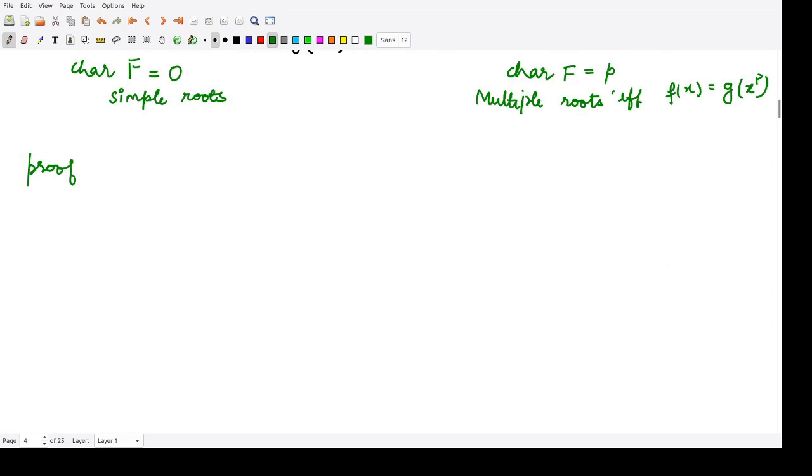The proof is very simple. For that we assume some polynomial. So let f of x be a polynomial of this kind, a0 plus a1x plus a2x square plus so on up to an x raised to power n. So we can write this polynomial as summation i varies from 0 to n of ai x raised to power i.